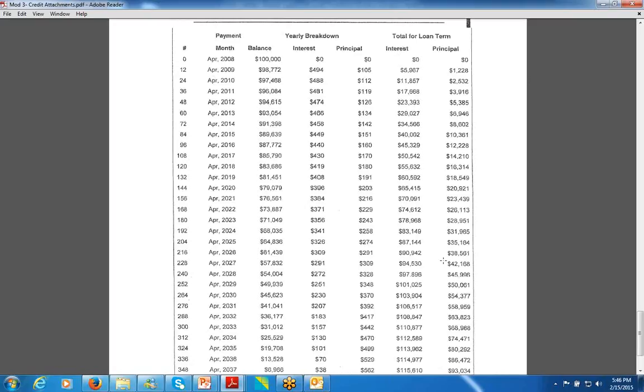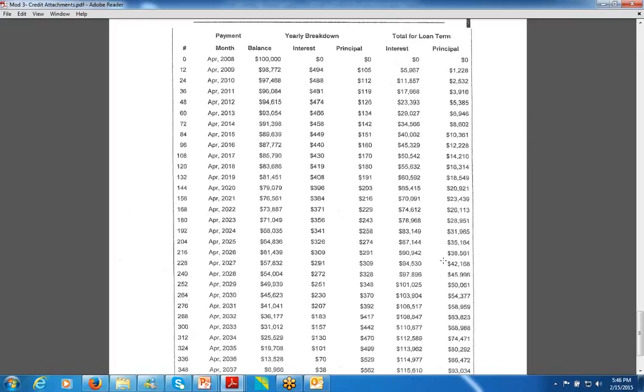I can tell you that if you pay the equivalent of one extra payment a year, a 13th payment a year, you cut 7 years off of that mortgage. That's right, 7 years. One extra payment a year takes it down to 23 years. Cuts a lot of that interest off.